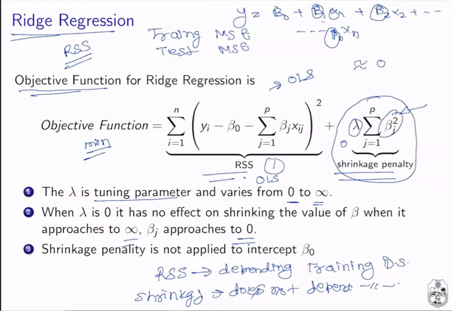And why are we taking the square? Because if the coefficient is negative, we want to make it positive, and that's why we are taking the square. After making them positive, we add all the coefficients together, and that quantity multiplied by lambda, which is called the tuning parameter, is added to the RSS, and that becomes the objective function. So this is about the ridge regression.